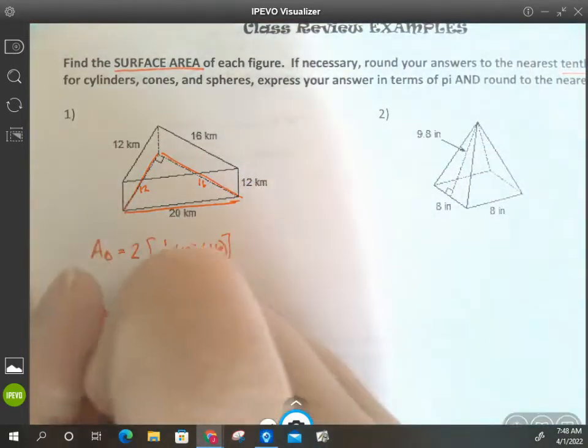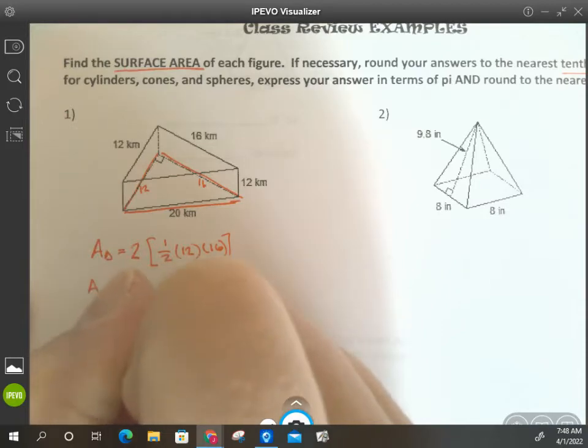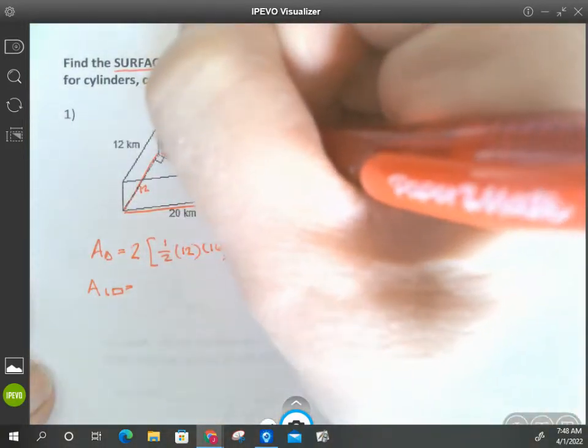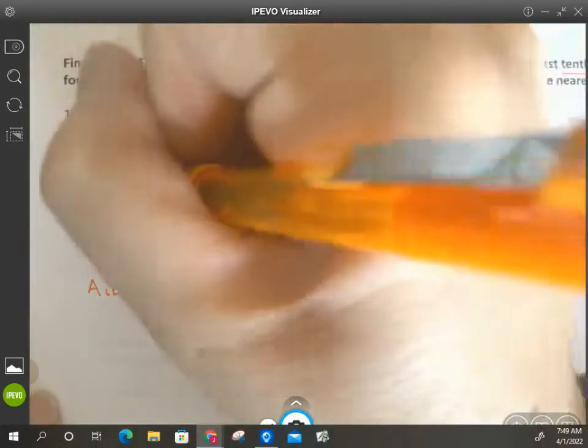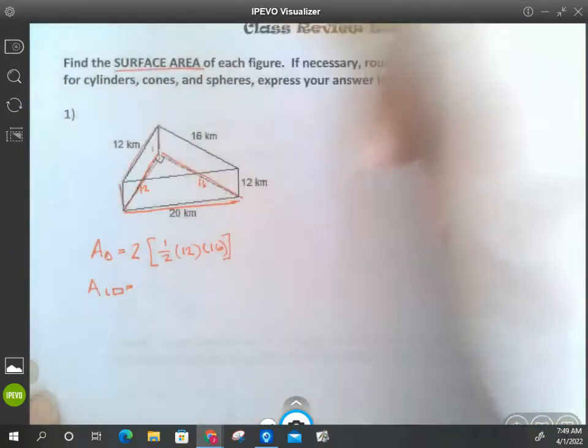Okay, now let's do area of left rectangle. Over here, this is 12. What's the height of this rectangle? The height is also 12, yep. So if we look at this rectangle over here, it is 12 by 12.